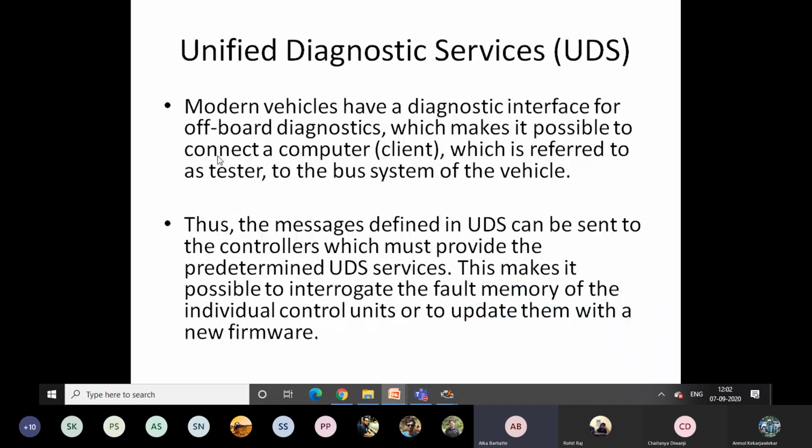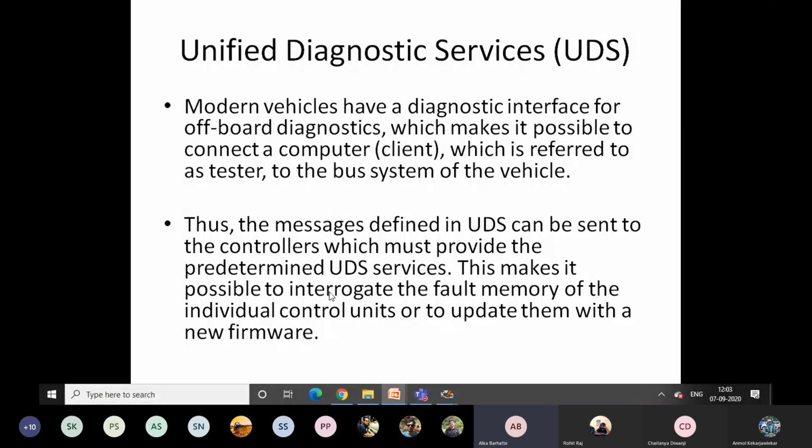Okay, so modern vehicles have a diagnostic interface for off-board diagnostics, which makes it possible to connect a computer, referred to as a tester, to the bus system of the vehicle, and thus the messages defined in UDS can be sent to the controllers, which must provide the predetermined UDS services.